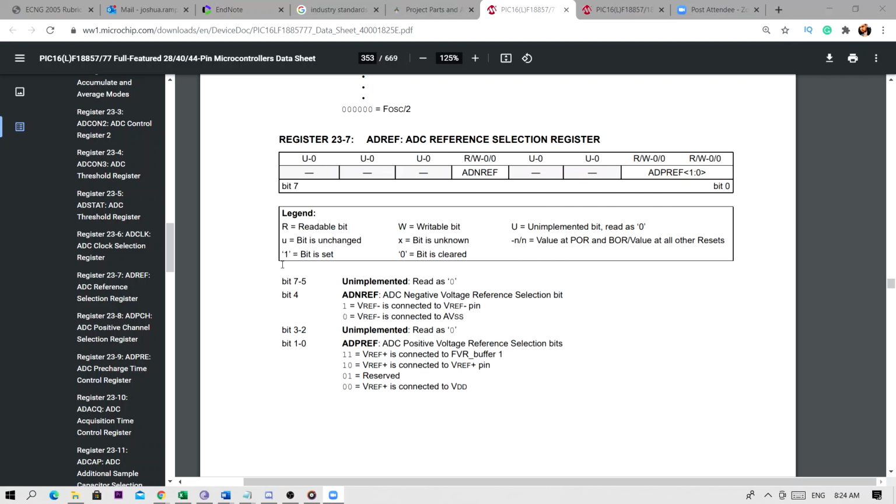All right. Now, the digital number that I get will be somewhere between 0 and 2 to the n, where n is the number of bits I have available to me. All right?